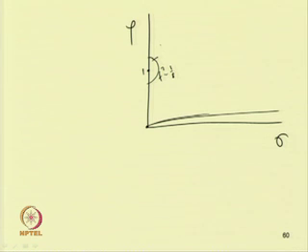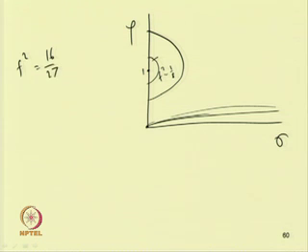Similarly, for f square equal to 1 by 4, one can plot another curve. So, two branches will be there. This will continue till we have f square equal to 16 by 27. In that case, when it is 16 by 27, these two branches will merge at this point, that is 0, 1/3.